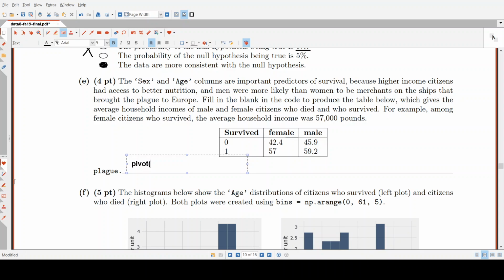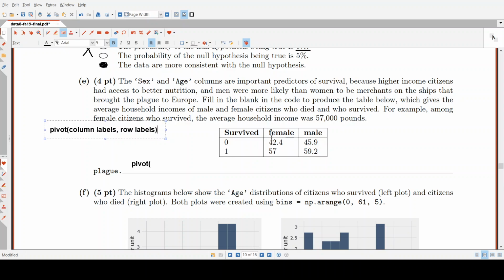If it takes in 2 arguments, it'll take in what you want the column labels to be. So in this case, we want them to be female and male. So we can do pivot column labels, comma, row labels. So that would be survived in this case.